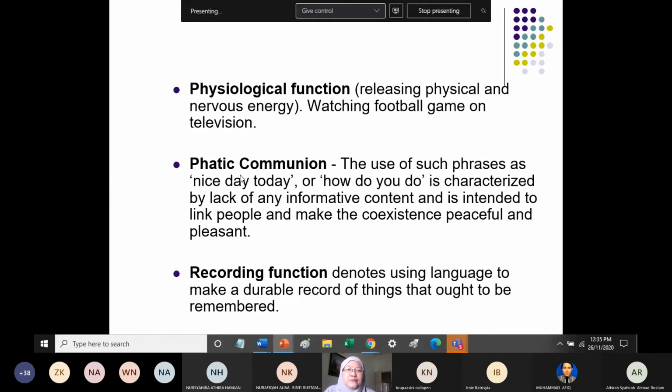And then we have phatic communion. Language as phatic communion. Phatic communion means it is so purely social. The use of phrases such as nice day today or how do you do is characterized by its lack of any informative content. But it is intended to link people and make the coexistence peaceful and pleasant.